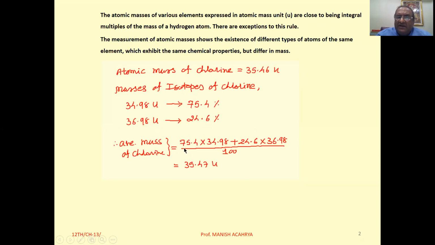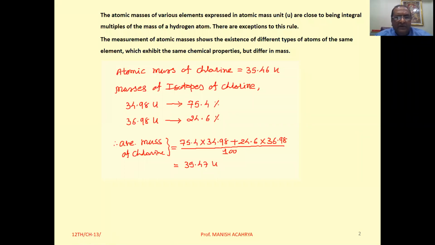So resultantly we can write 75.4 into 34.98 plus 24.6 into 36.98 by 100. And we'll get 35.47 u, and that is the atomic mass of chlorine. Clear? So in this way, the elements have compositions of isotopes in the formation of it. Clear to all of you?